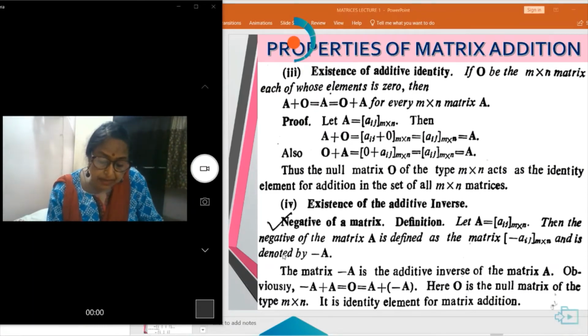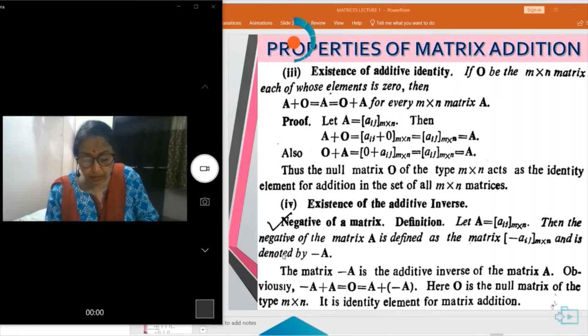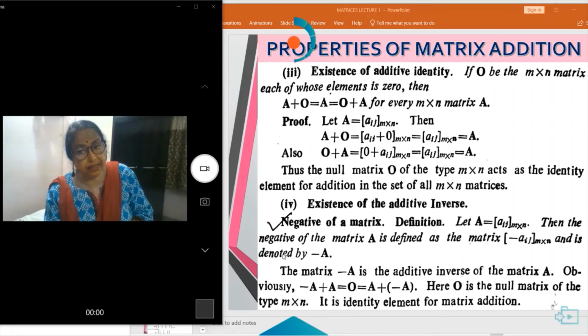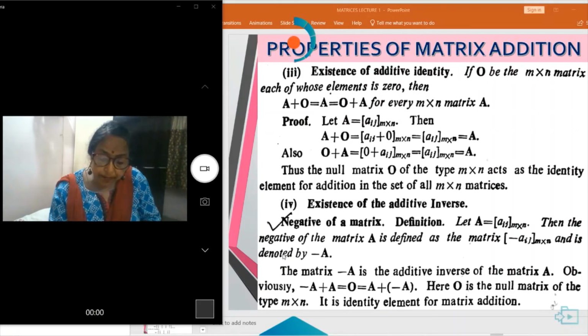So A plus 0 is equal to (a_ij) plus 0 is equal to (a_ij) m cross n matrix, which is equal to A. Similarly, 0 plus A is equal to 0 plus (a_ij) m cross n is equal to (a_ij) m cross n is equal to A. So 0 is the additive identity.